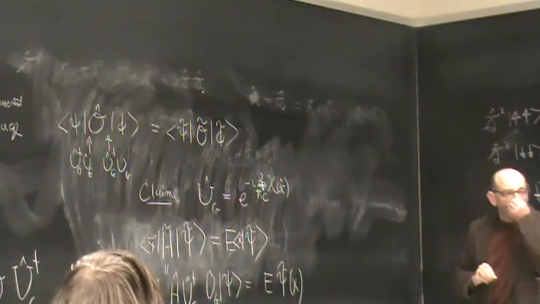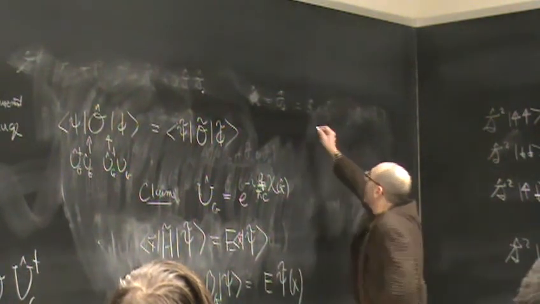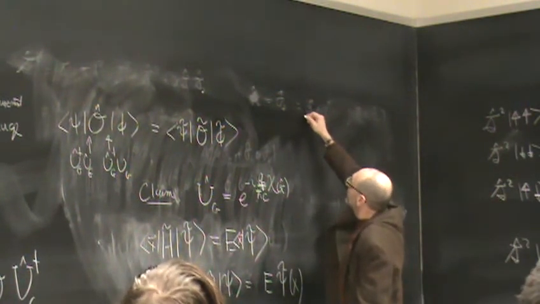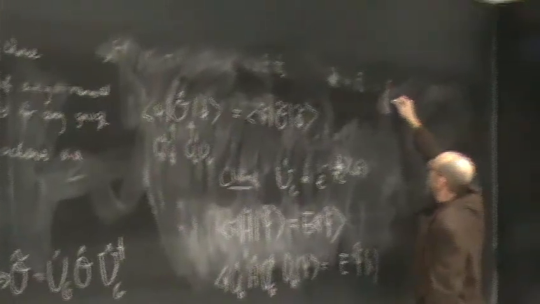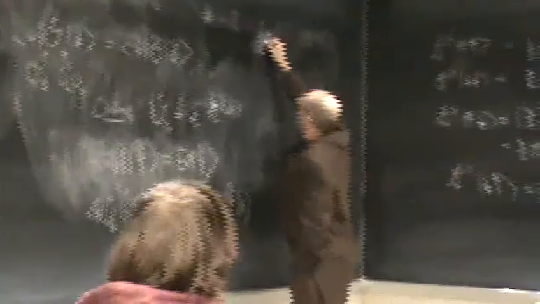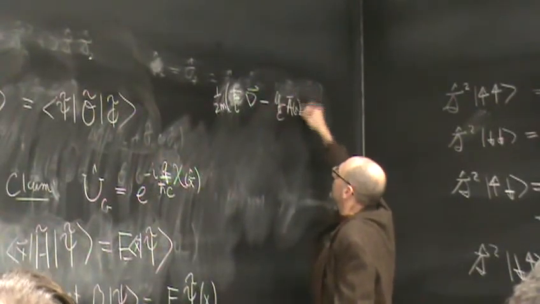Let's look at this. Plugging that in, what I get is a transformation that looks like this. 1 over 2m, h bar over i, the gradient minus q over c A of x.